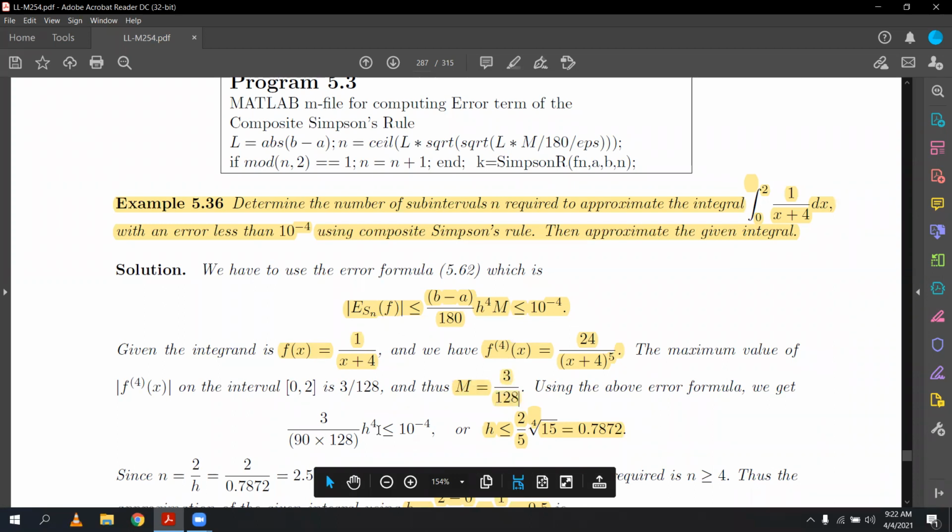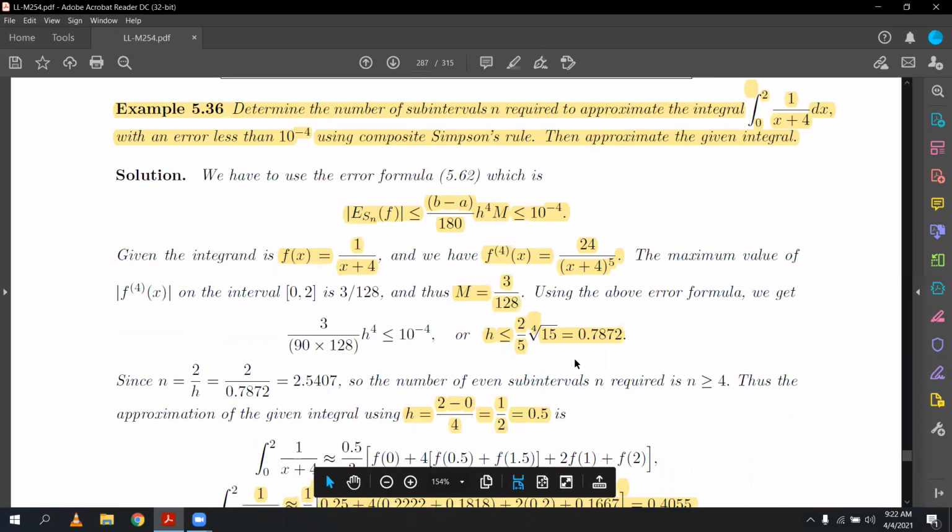Then you put the value here. You can calculate h. h is equal to 0.7872. And you can calculate n by using this one, because the question given is the number of subintervals. So you have 2.5. n must be even, so we have to take n greater than or equal to 4 to get this accuracy.